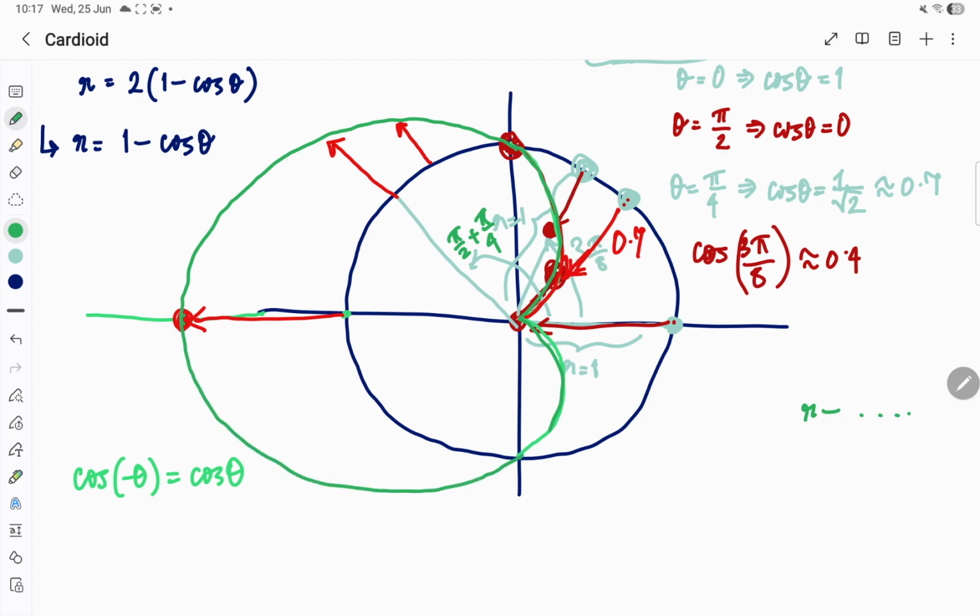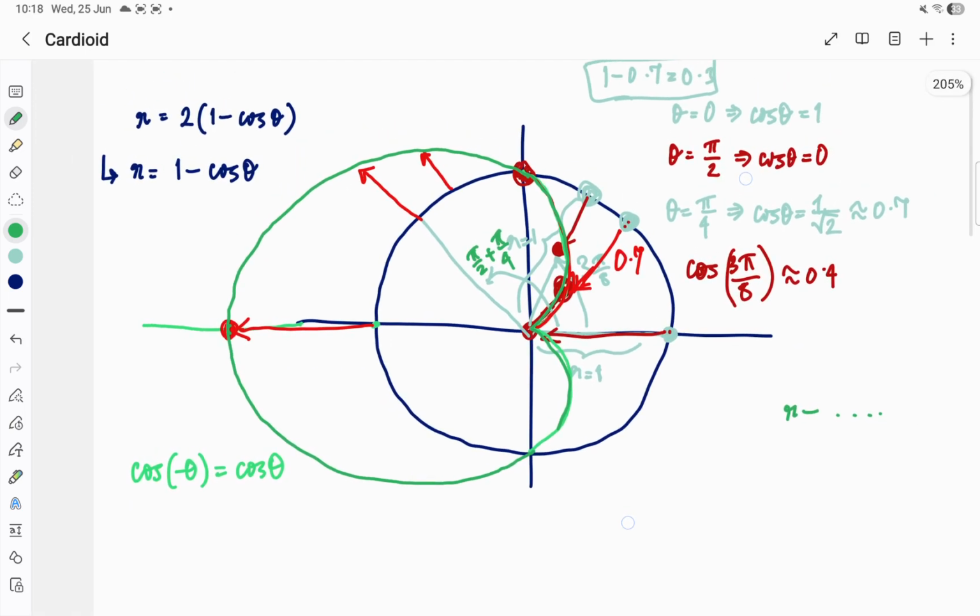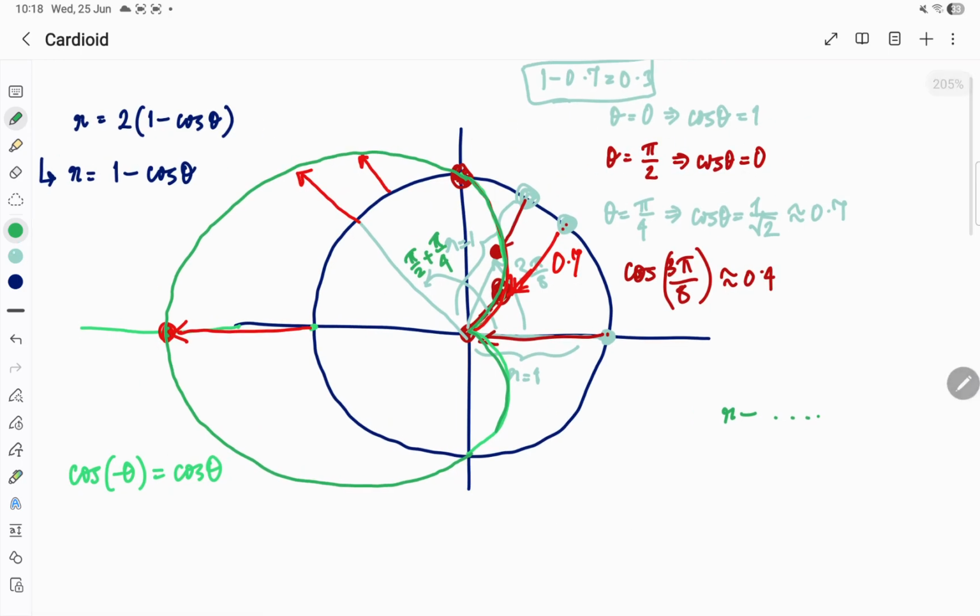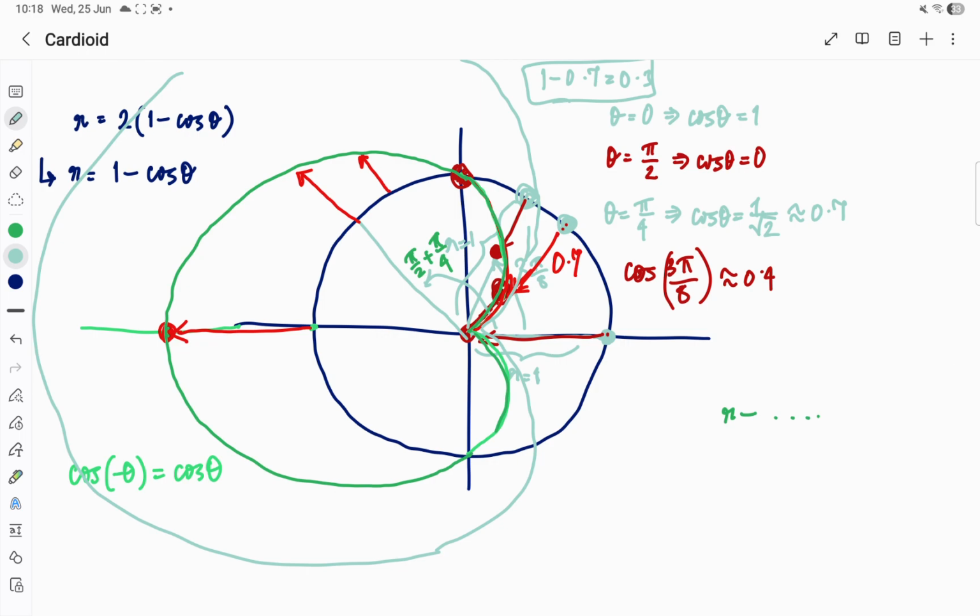So the shape is becoming something like this. This is called a cardioid because this resembles a heart, so some medical term. And when I want 2 times 1 minus cos theta, 0 remains 0. Otherwise, everything gets magnified. And this is not twice, it will be larger. It gets magnified. So that's how you draw a cardioid.